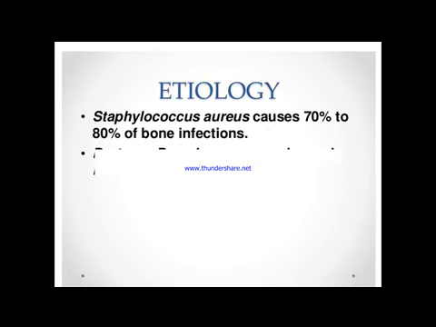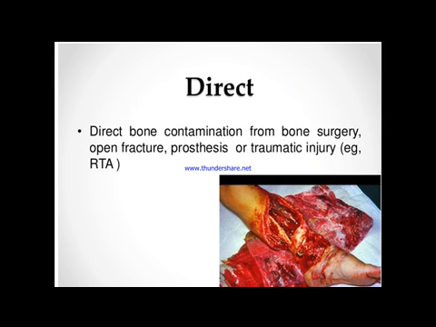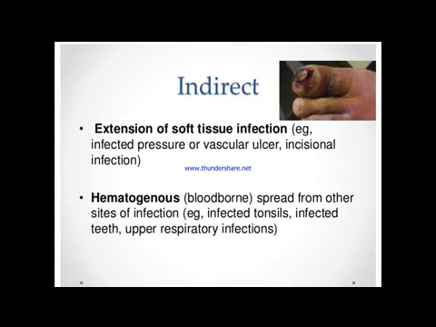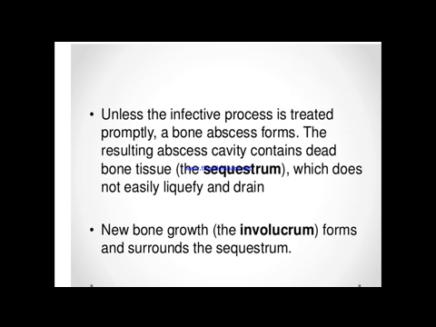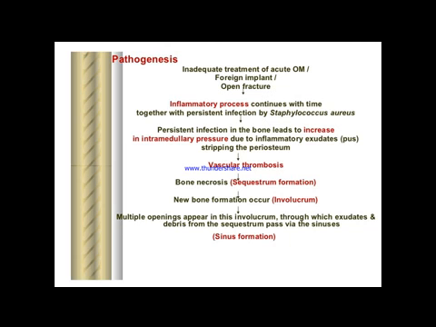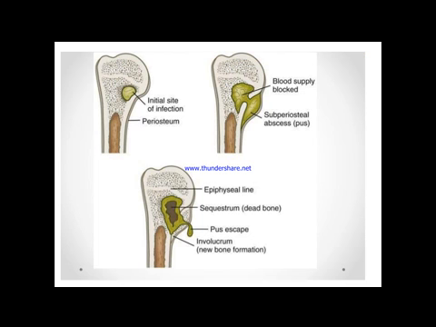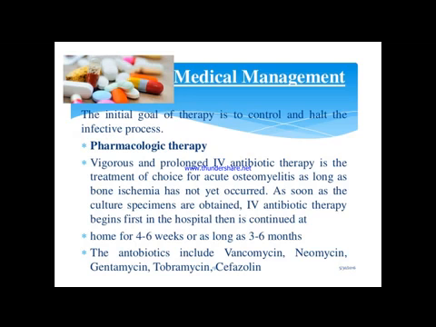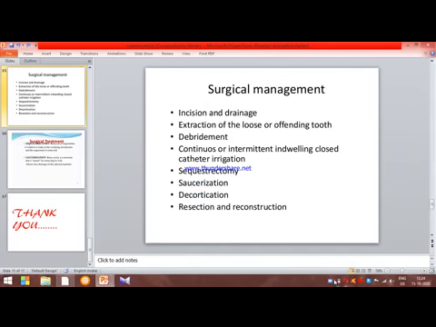Then we saw the major etiological factor is microorganisms, entering through direct and indirect routes, causing inflammation and infection, resulting in new bone formation, and sequestrum is formed, and later it leads to osteoclastic activity and osteomyelitis. Then we saw the clinical features, diagnosis, and medical and surgical management. Okay, thank you.